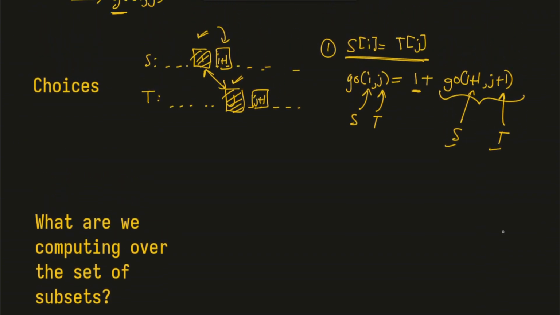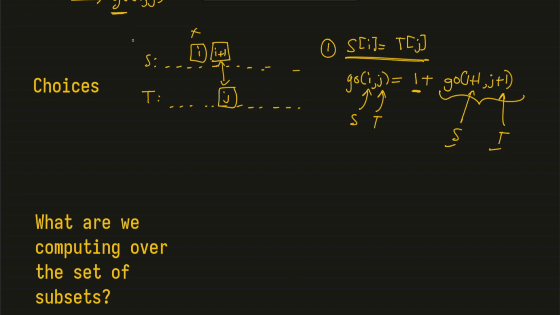And the next choice could be that we don't want to consider the ith and jth characters matching, we don't want to match them. Then the possible choice could be to move on to match i plus 1 with j, or say that we don't need to match this too.